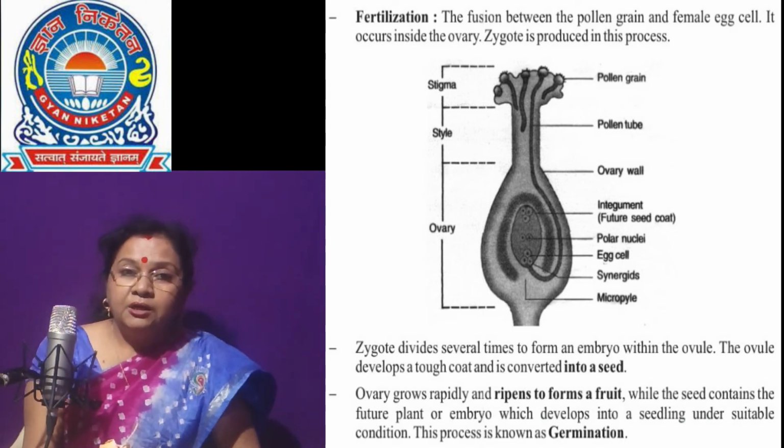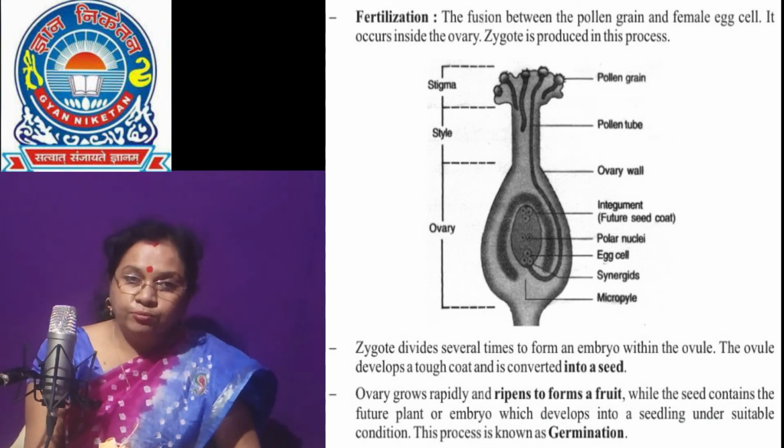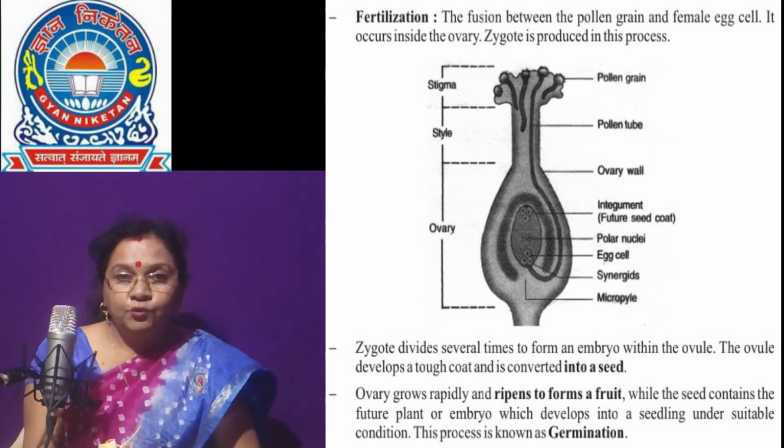Sometimes the sepals or calyx remain intact on the fruit. For example, in green chili and raw tomato, the sepals are seen intact.